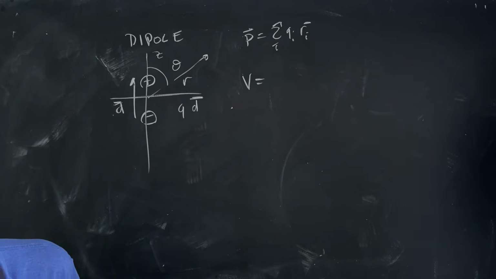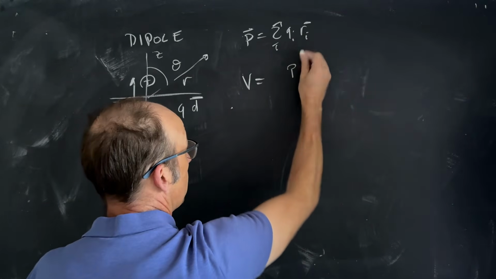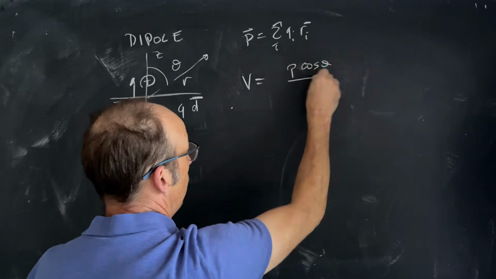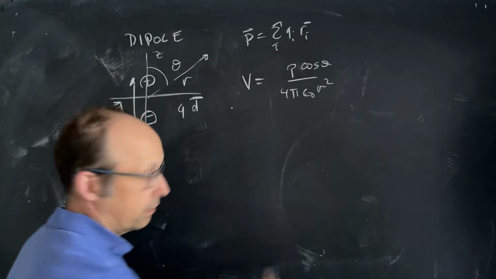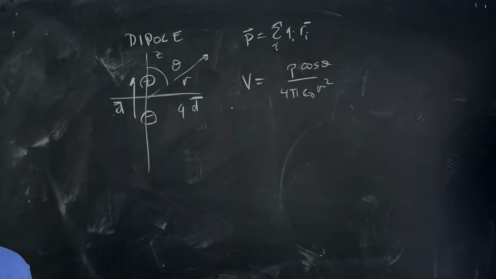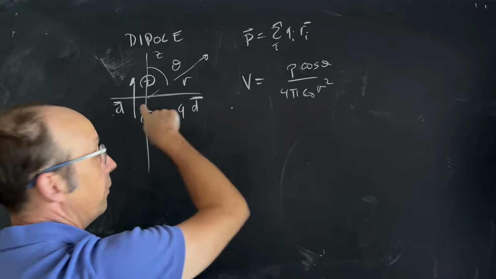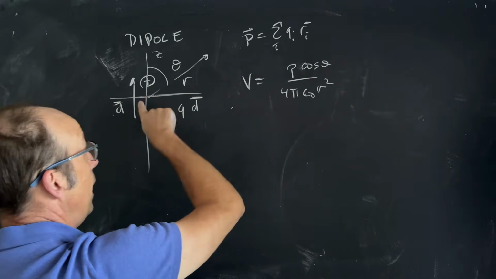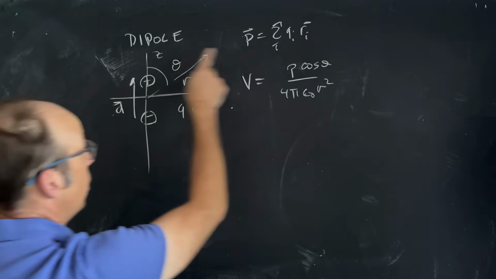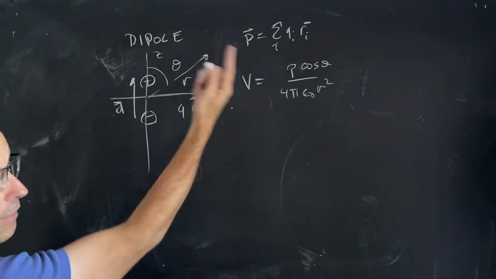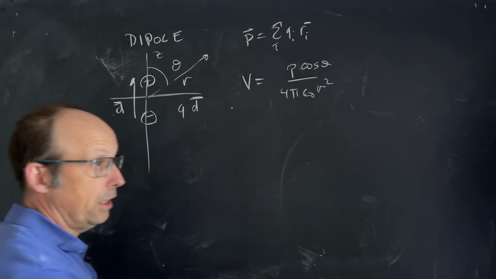The potential is P cosine theta over 4 pi epsilon naught r squared. Yep, got it. Okay, so P is that dipole moment for this particular case. Theta is the angle between the dipole axis and where you want to find the potential. Now, it doesn't matter what the phi value is, right? That's constant, and that gives you the electric potential.